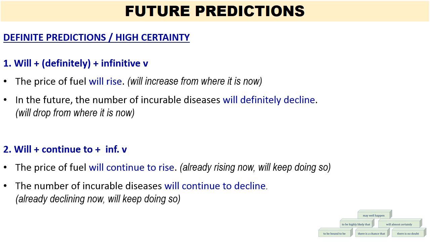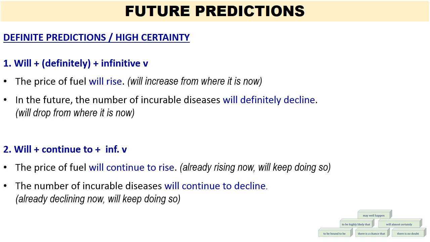That is, it will increase from where it is now. In the future, the number of incurable diseases will definitely decline. So in the future, the number of incurable diseases will drop from where it is now. And we use the adverb definitely to indicate high certainty that this will happen.